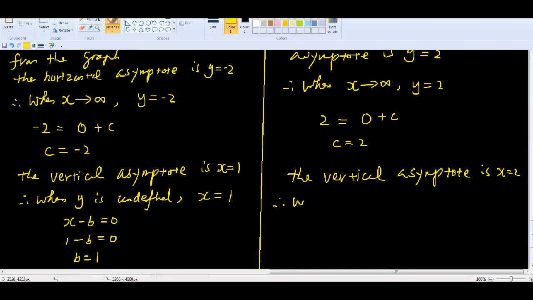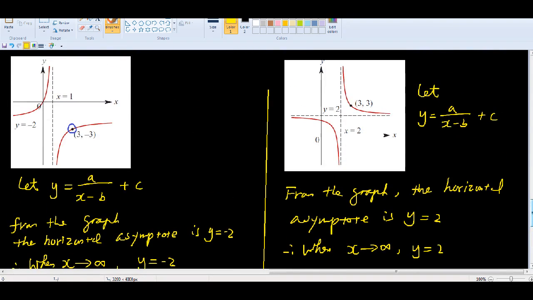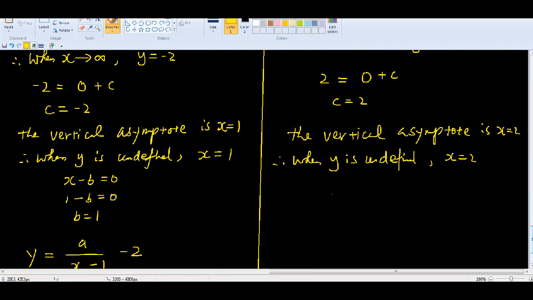Okay, so that means when y is undefined, x equals 2. Okay, so how could y be undefined? That happens when x minus b equals 0. Okay, so that means 2 minus b equals 0, and b equals 2.